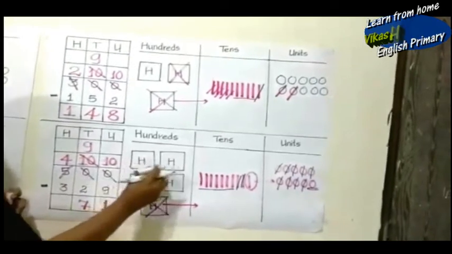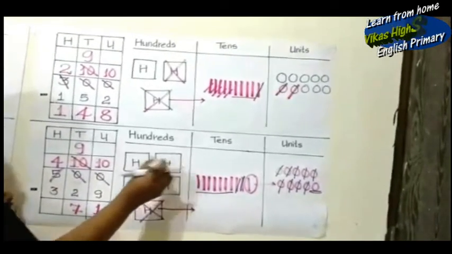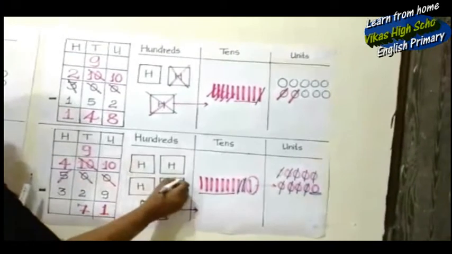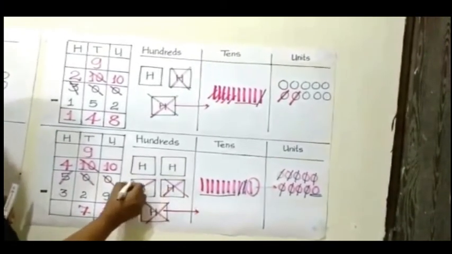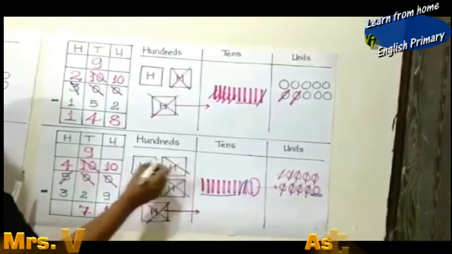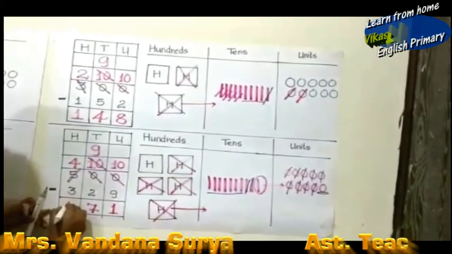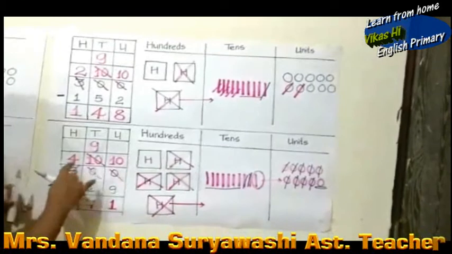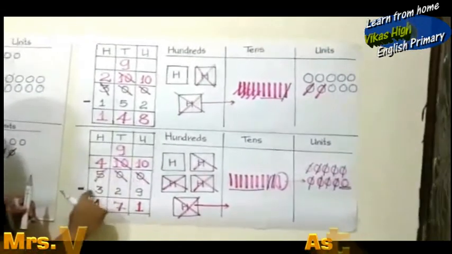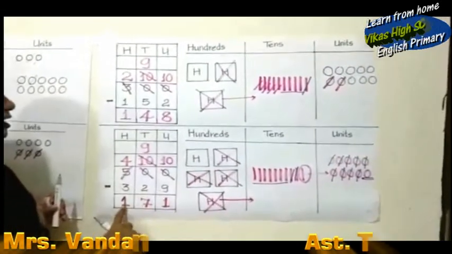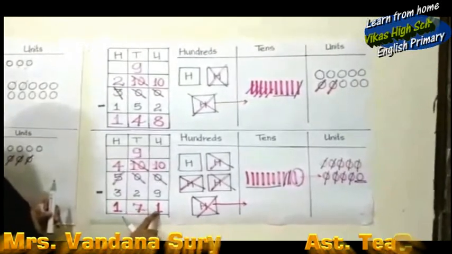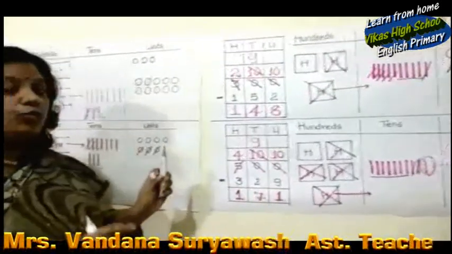And from these 400s I have to minus 3 hundreds. 1, 2, 3. So how many remained? 1. So 500 minus 329 gives us 171. I hope you must have understood.